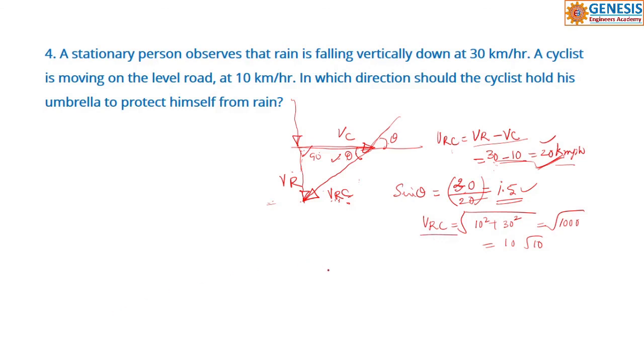Okay. So then sin theta is equal to, now it will be okay for you. The absolute magnitude is only this one. So sin theta is VR, that is 30 by 10 root 10, so it is less than 1.